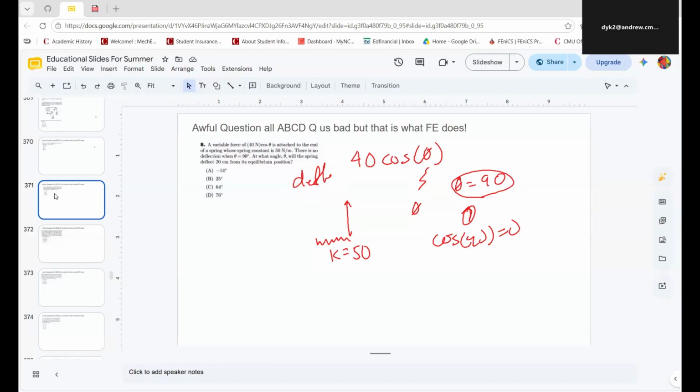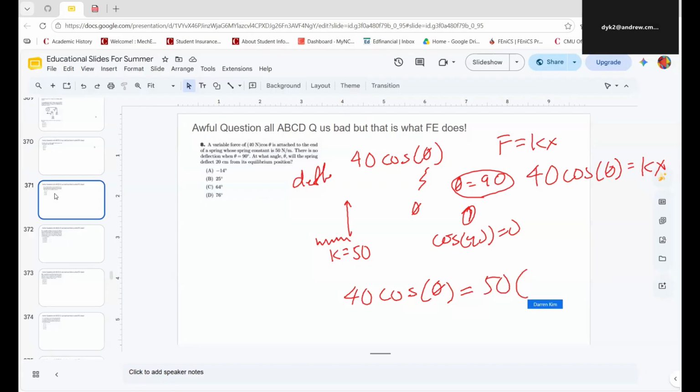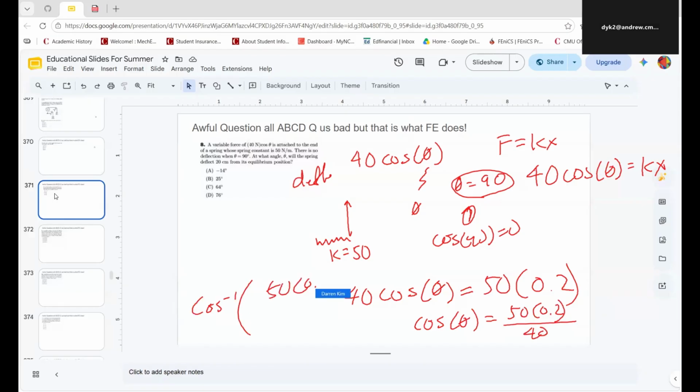So deflection, okay. We need to care about F equals kx first of all. That's what Hooke's law is. And if we have a force like this, 40 cosine theta equals kx, and the deflection we want is 20 centimeters, so 0.2. Cosine theta equals 50 multiplied by 0.2 divided by 40. So theta equals cosine inverse of 50 multiplied by 0.2 divided by 40.